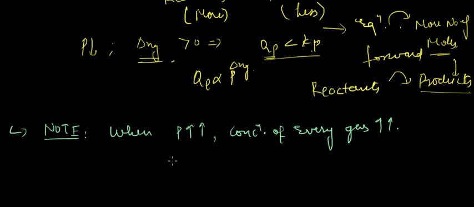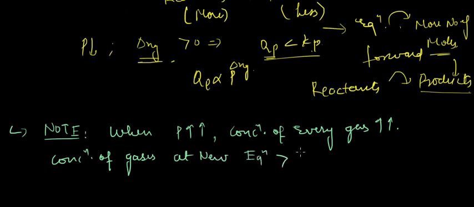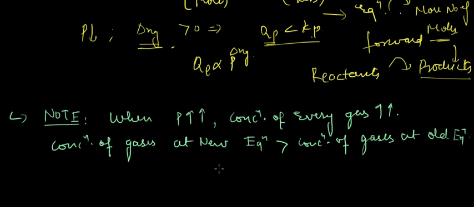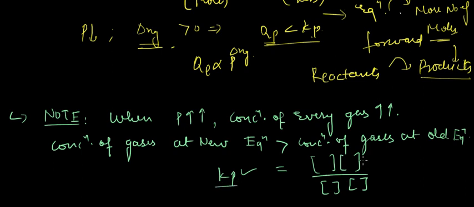We can also say that the concentration of gases at the new equilibrium would be more than the concentration of gases at the old equilibrium. But still Kc or Kp would remain the same, because that's a ratio of products concentration to reactants concentration. So the concentrations adjust themselves in such a way that Kp remains constant, but all of them increase on increase in pressure. So with this note, we come to the end of this lecture.